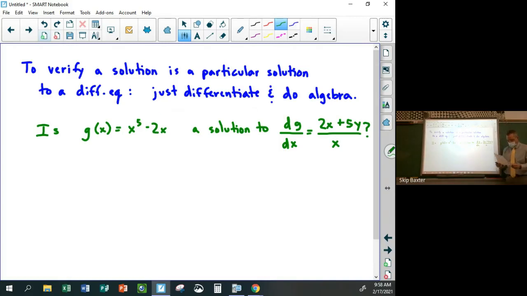And they just want to know, is that equation a solution to this differential equation?